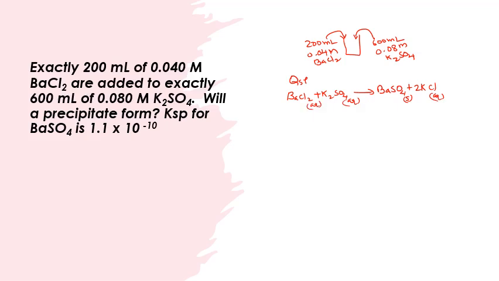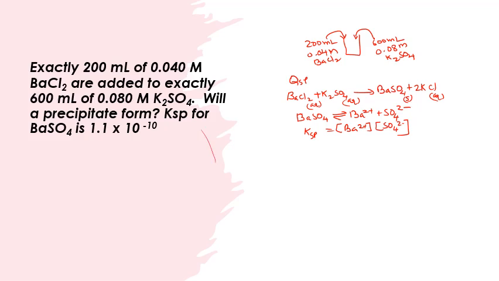So we have to take BaSO4 now to write our Ksp expression, and we can write Ba2+ and SO4 2-. So the Ksp expression will be concentration of Ba2+ times concentration of SO4 2-. Correct? So we got that one.